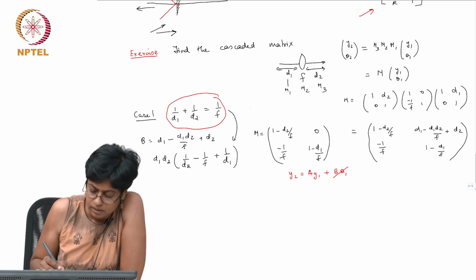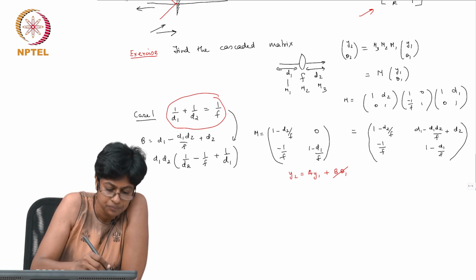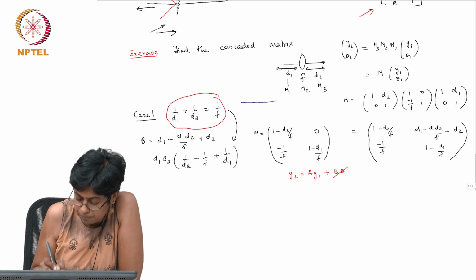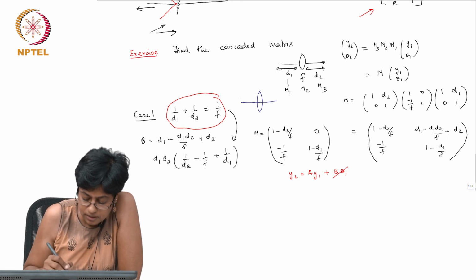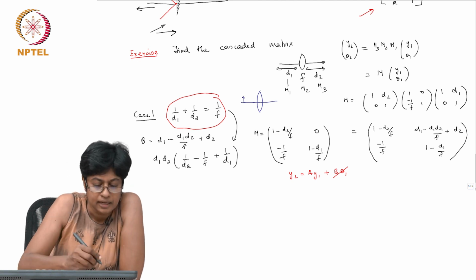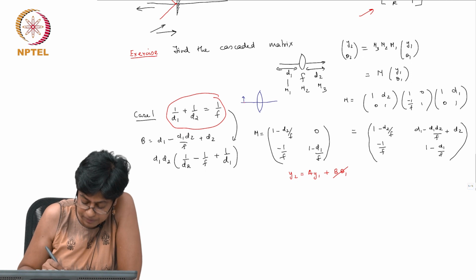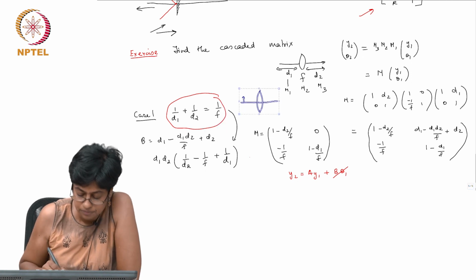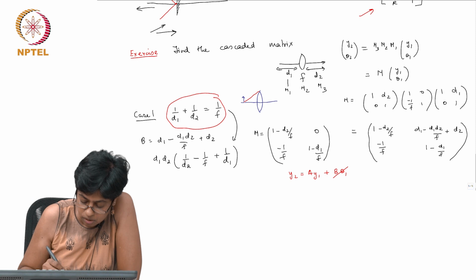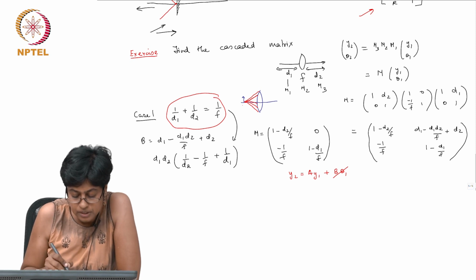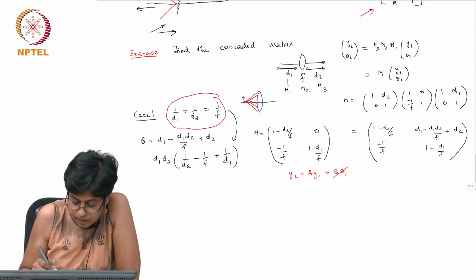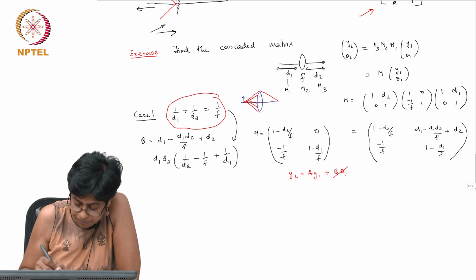Let's draw a figure. Let's say I had my optical axis, a lens, and an object, and I am tracing rays, let's say from the axial point. I am looking at the point where imaging is happening.